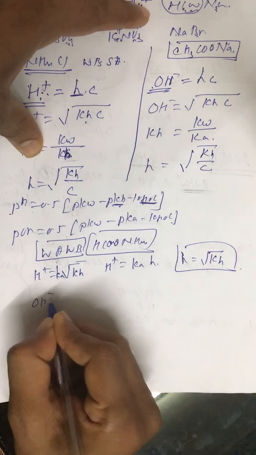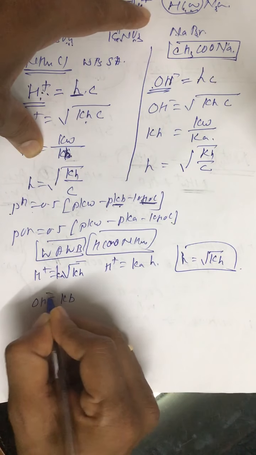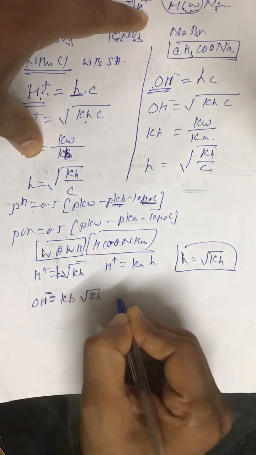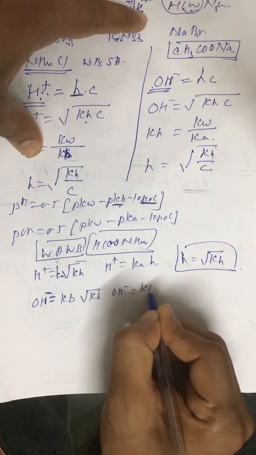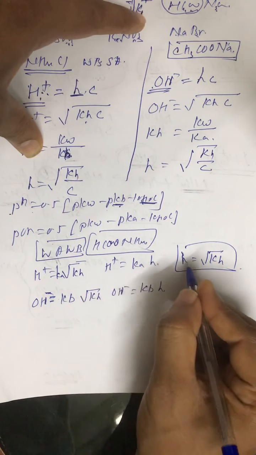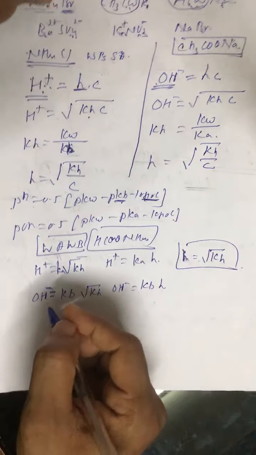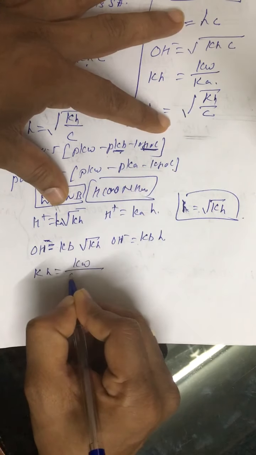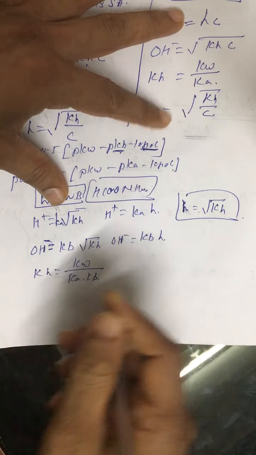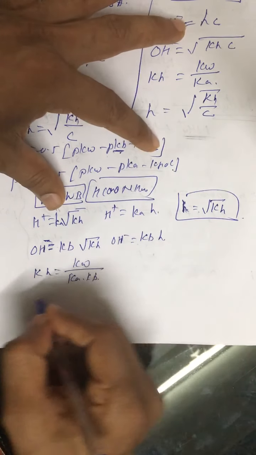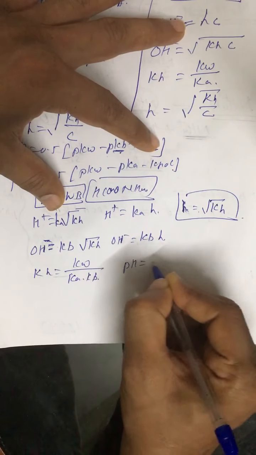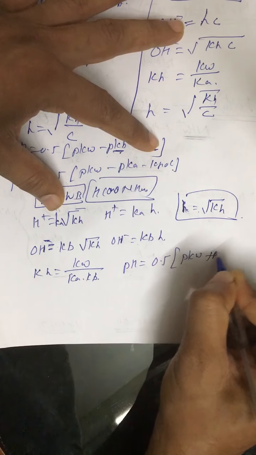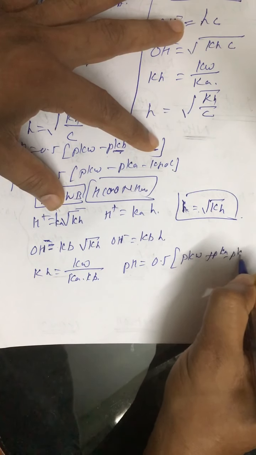Or similarly OH negative equal to Kb root KH, or OH negative equal to Kb into h. Similarly h is root KH. Alright. And then we have KH equal to Kw upon Ka into Kb. Alright. And pH you can calculate directly, that is 0.5 pKw plus pKa minus pKb.